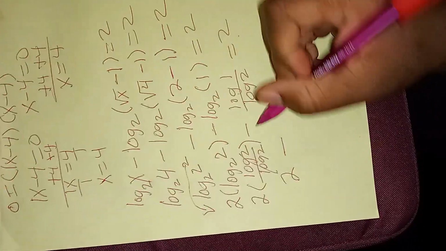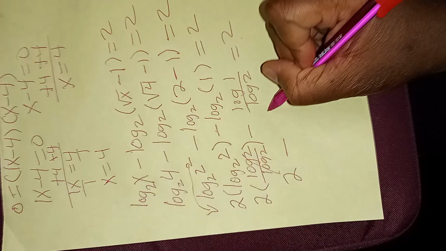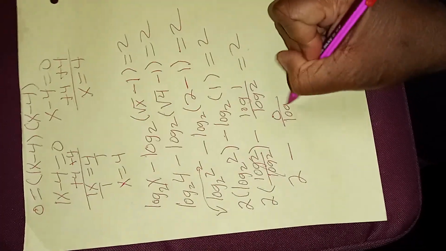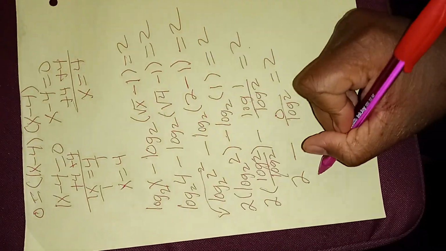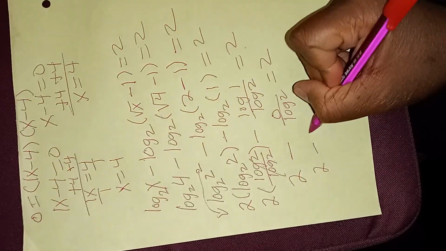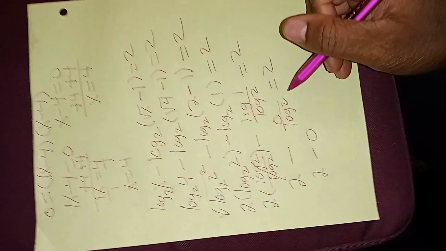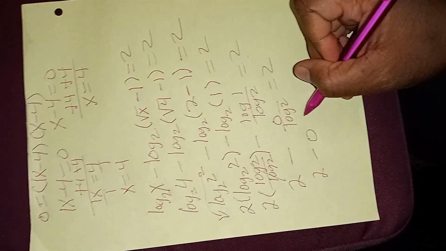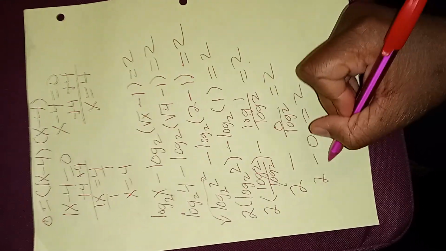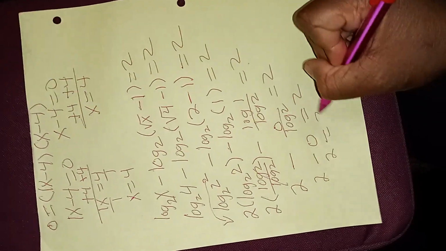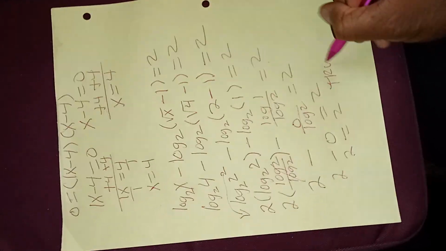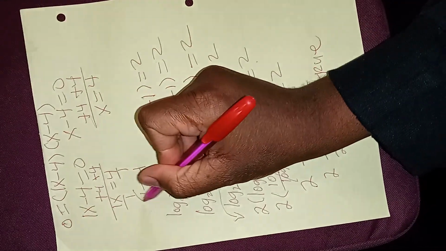So 2 minus 0 divided by log 2 is equal to 2. So it's going to become 2 minus 0, because 0 divided by log 2 is equivalent to 0, is equal to 2. And 2 is equal to 2, and that's true. So that means x equals 4 is a solution.